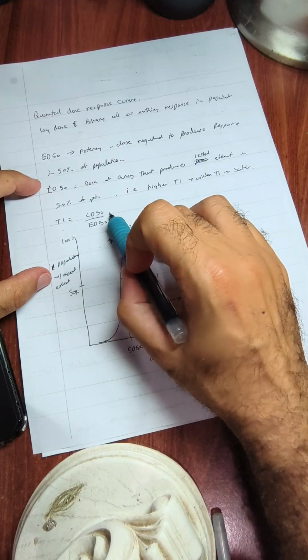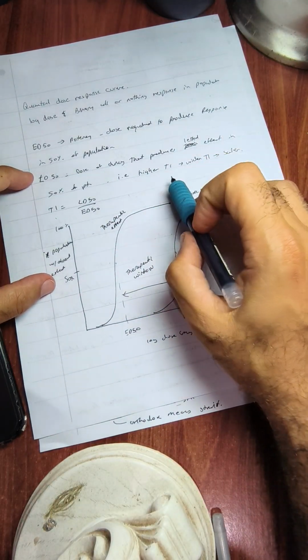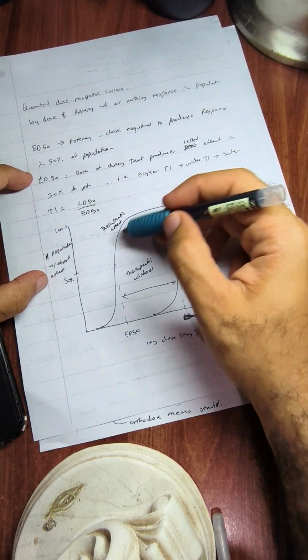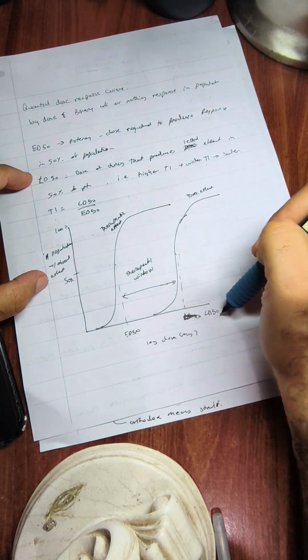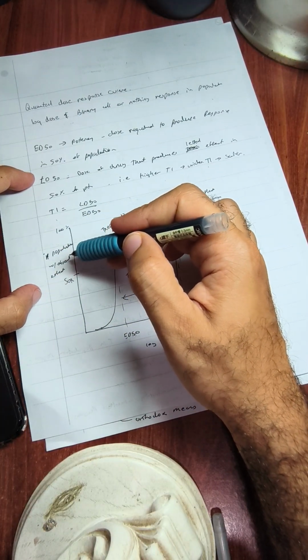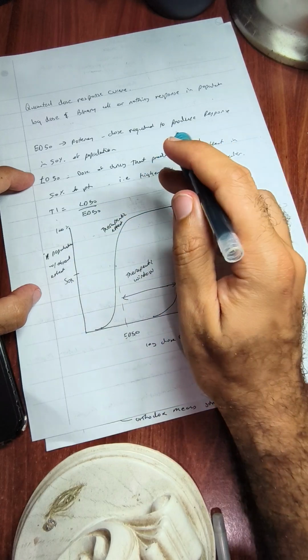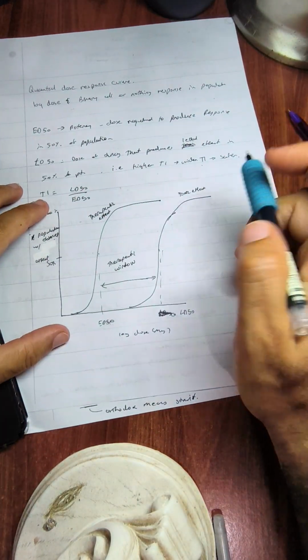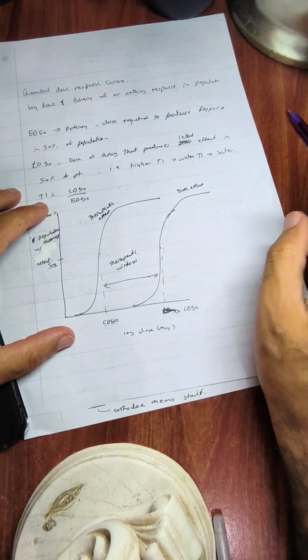And so TI is LD50 over ED50. A higher TI means a wider TI, which is safer. So you have the therapeutic effect, you have the toxic effect, the LD50, the ED50, and percent of the population with observed effect, and that's the therapeutic window. Alright, that's it.